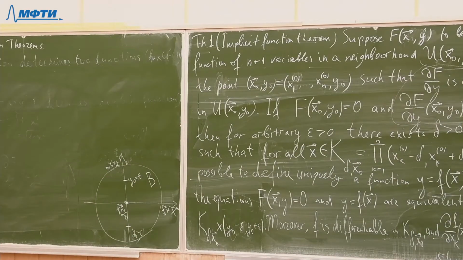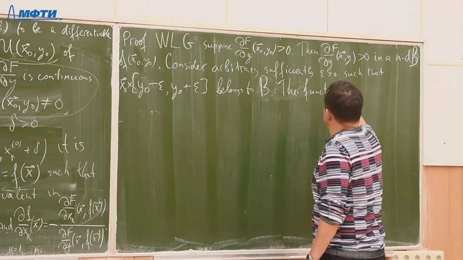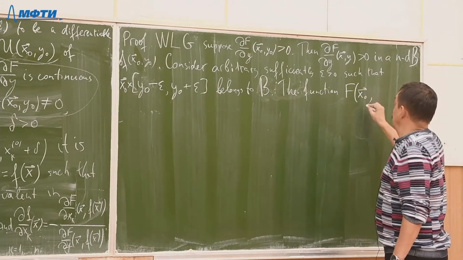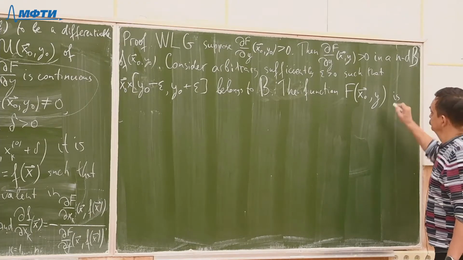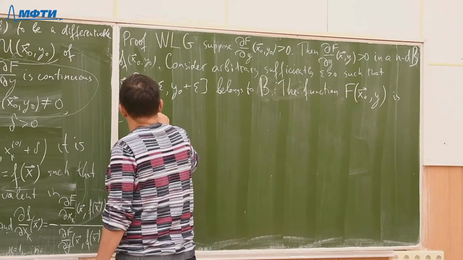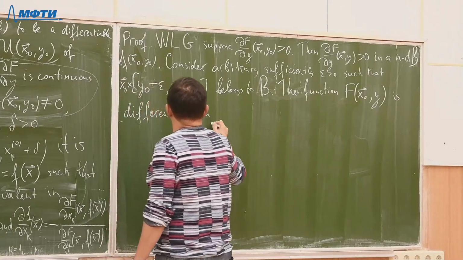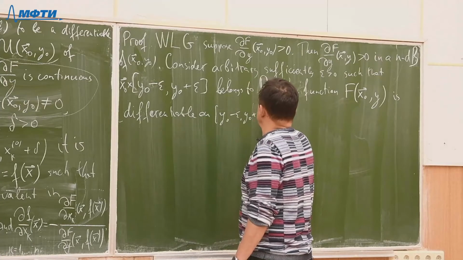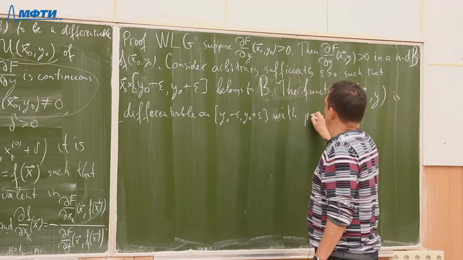Then the function capital F at x naught, y is differentiable on y naught minus epsilon, y naught plus epsilon with positive derivative.